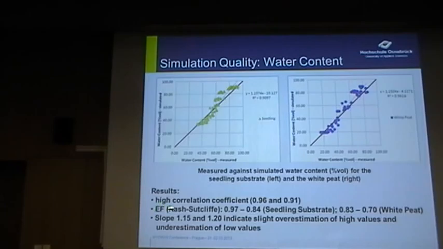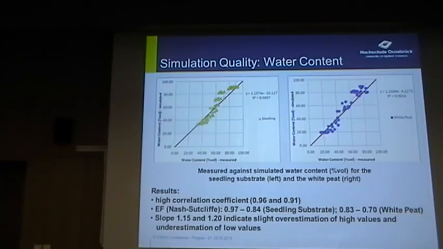Simulation quality, Nash-Sutcliffe efficiency, I think you know about that, very often used by hydrologists, something like 0.84 to 0.97 for these seedling substrates, and 0.7 to 0.8 for the white peat, and a slope slightly more than 1, indicating that there's some overestimation for the high values and some underestimation for the low values.